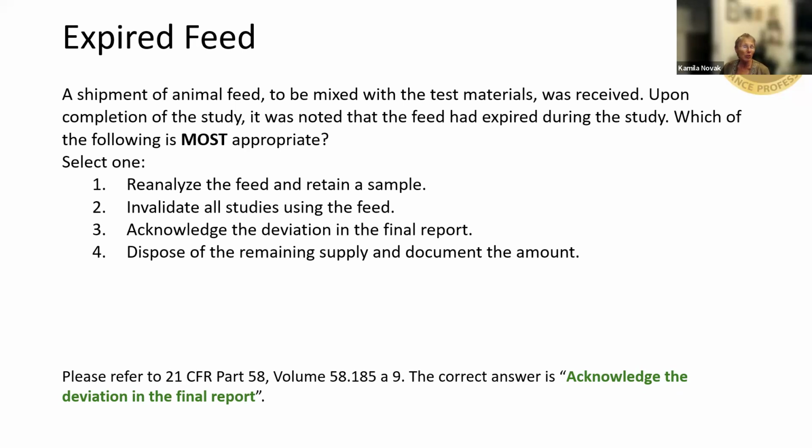But I would not do it without the impact assessment, because you might be pouring out the baby with the water after the bath. So that might be a kind of overkill, which is not needed, like invalidating all studies using the feed, maybe quite a good number.